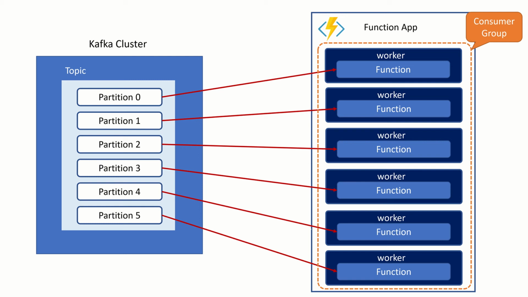So one function is only reading one partition. This is the fastest. But you might ask, hey, if the worker count becomes 7, what happens? In this case, the 7th worker does nothing. So if you exceed the number of partitions, it means nothing. You just need to pay money and it does nothing.